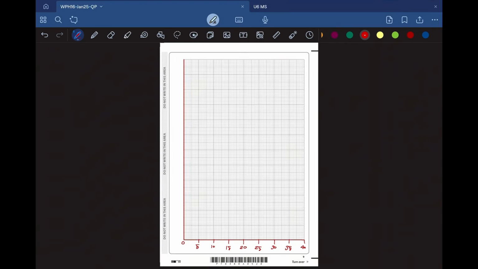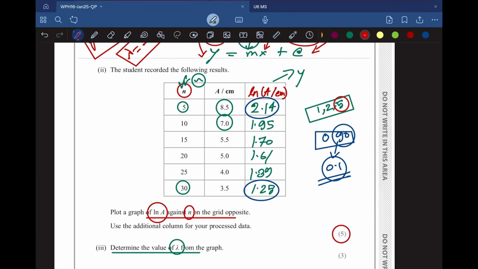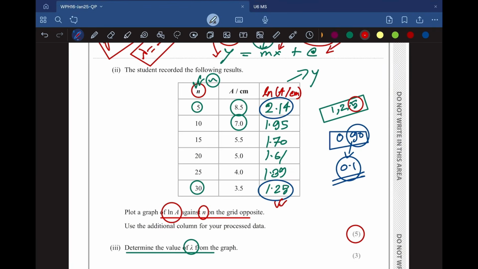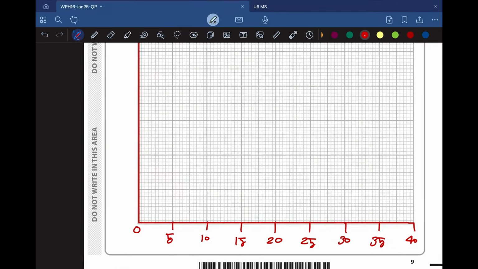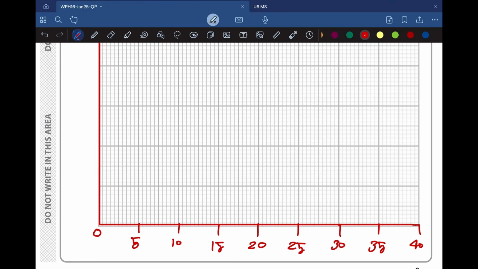Now let's draw the y-axis. It starts from 1.2 and we'll take an increment of 0.1. So basically 1.2, 1.3, like this.